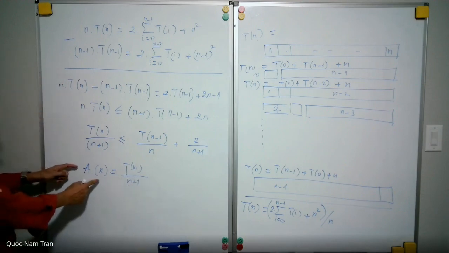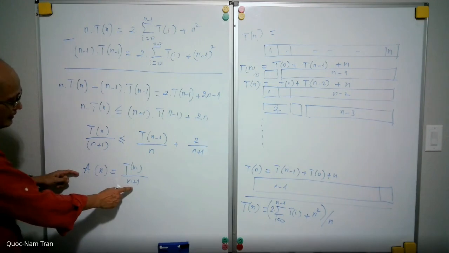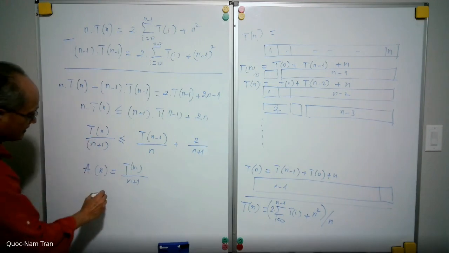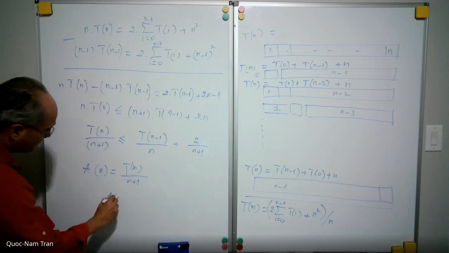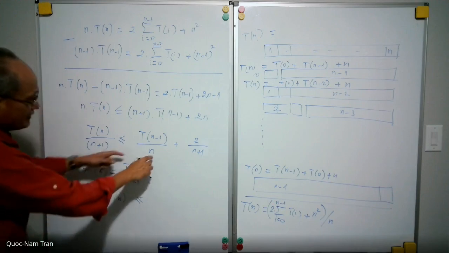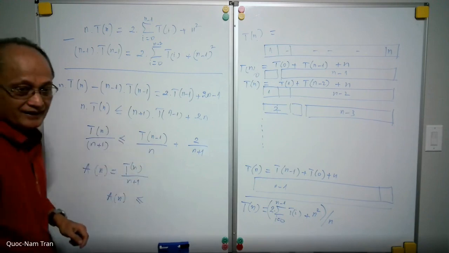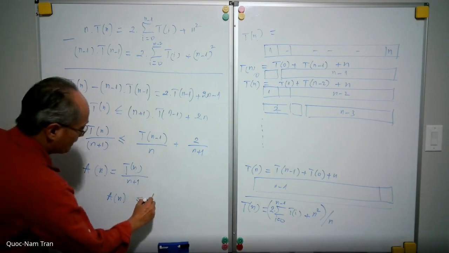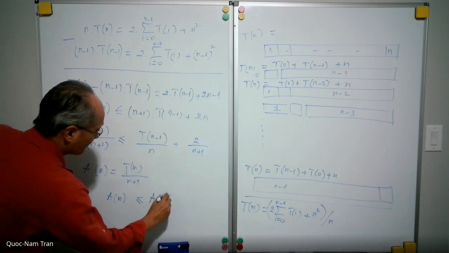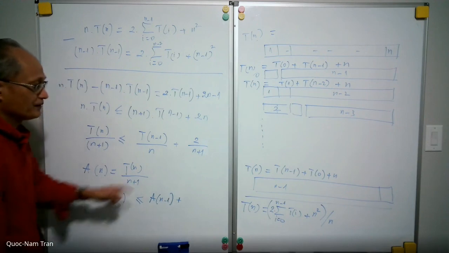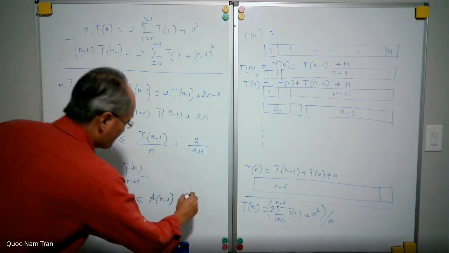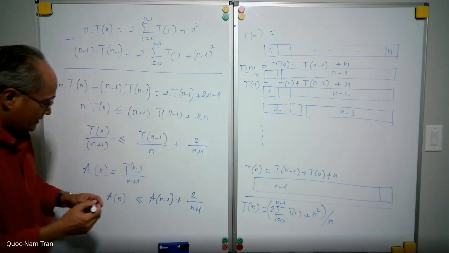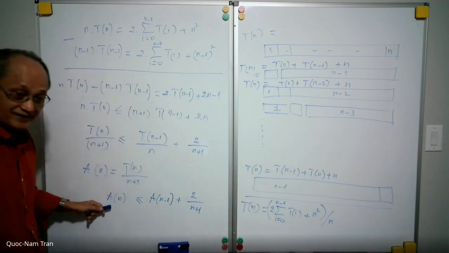If I substitute, the left-hand side is An, and the right-hand side is An minus 1 plus 2 divided by n plus 1.